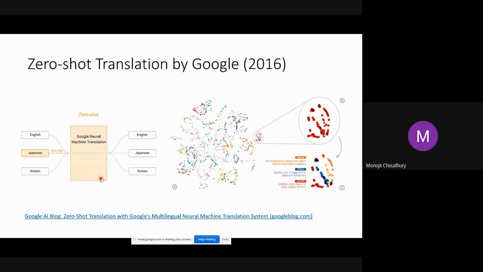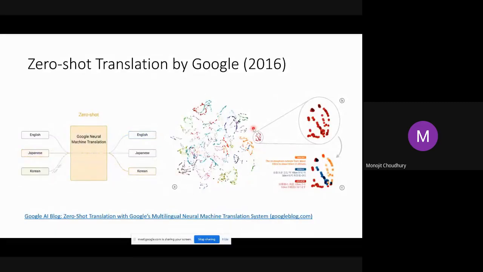But you did not have any data between Japanese and Korean. Yet once you train this single model with all these languages, it starts automatically working between Japanese and Korean. So this was the first example where you could have zero-shot or cross-lingual transfer without any data. You didn't have any parallel data in Korean and Japanese, and it worked reasonably well.